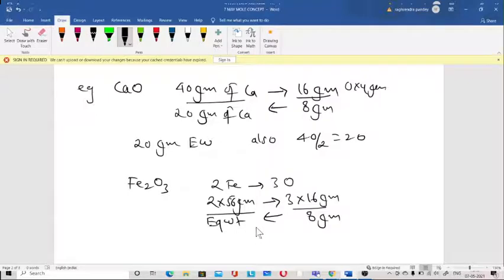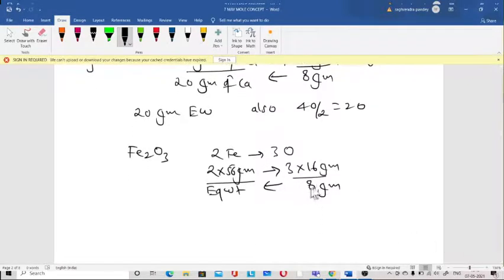So what will be the equivalent weight? It will be 56 divided by 3.